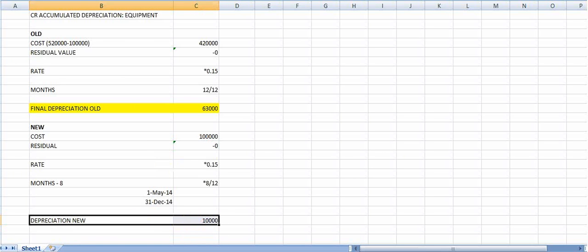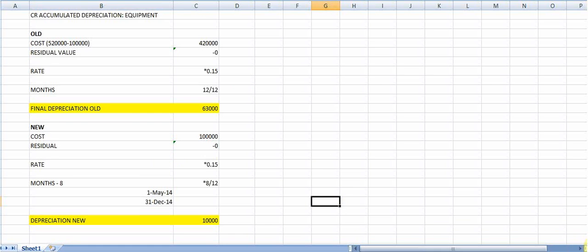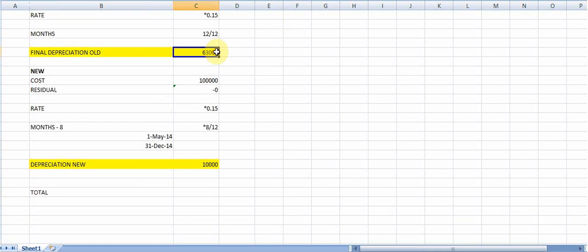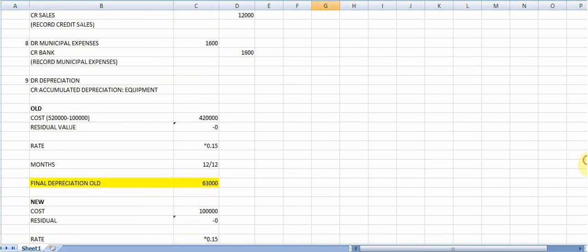Just going to also highlight that, and then my total depreciation should then be the 63 and the 10 added together, which is 73,000. So I'm going to record then 73,000, and for the narration I'm going to say record depreciation on equipment.